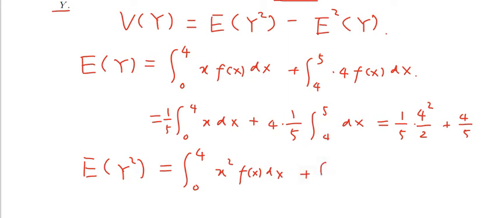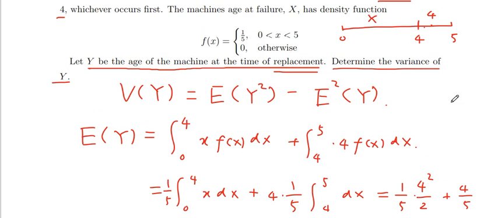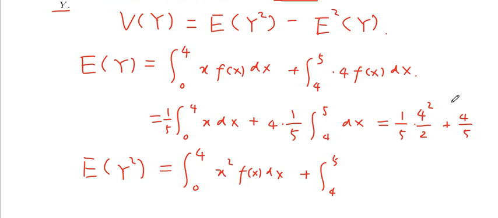Plus, when X is between 4 and 5, Y equals 4, so Y squared is 16, times f(x) dx.